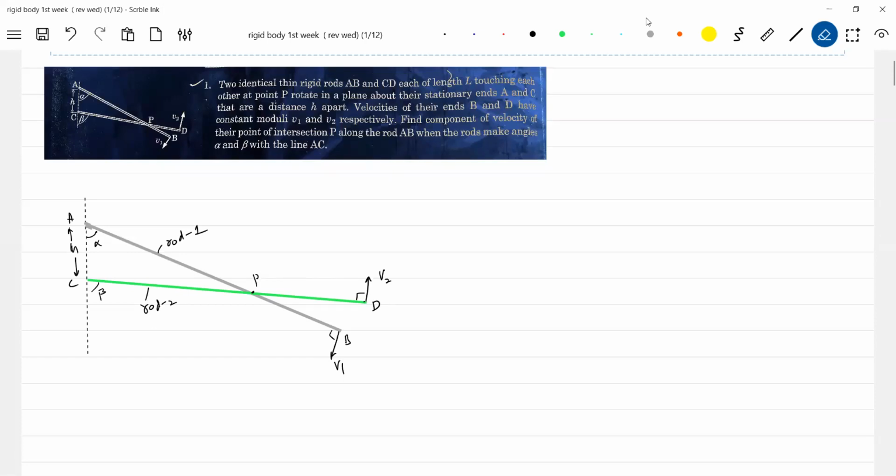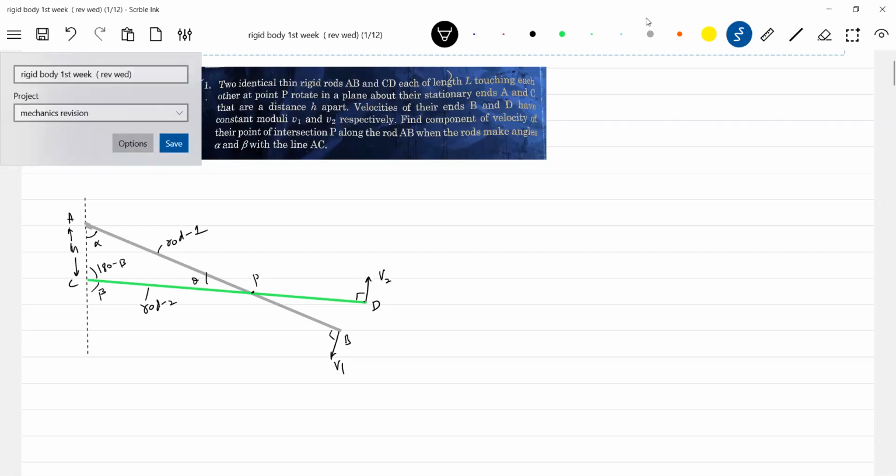Okay, this angle, 180 minus beta, let me take as theta. This is based on some mathematics, may not be asked, but can be asked. There's all possibility.